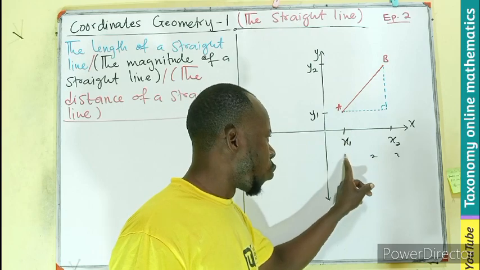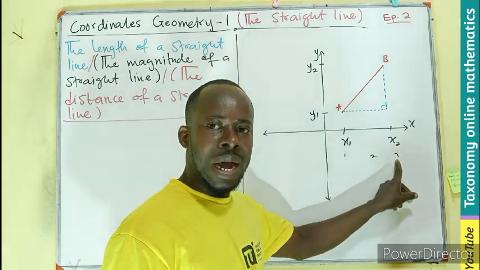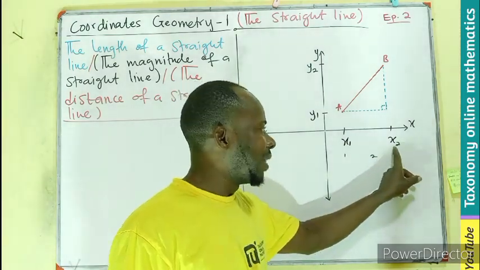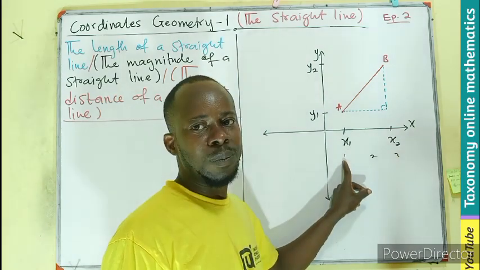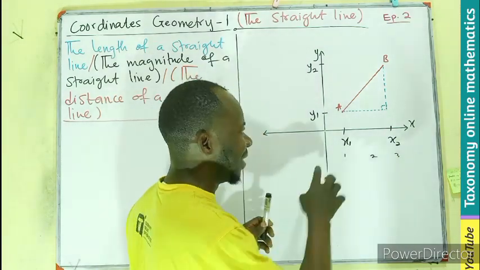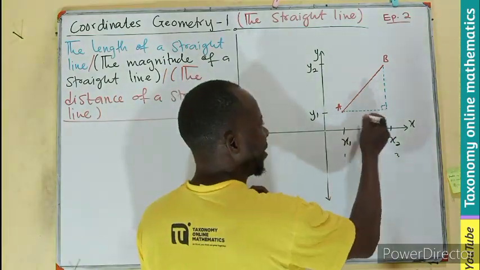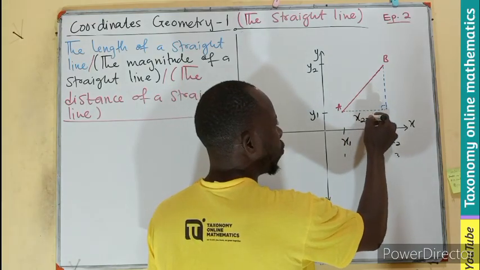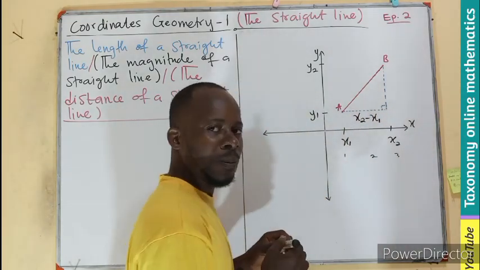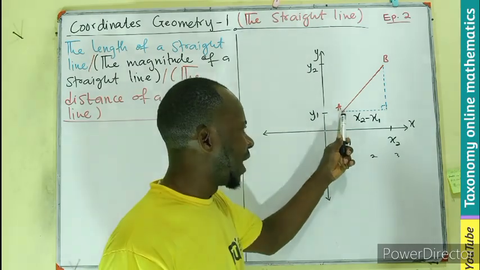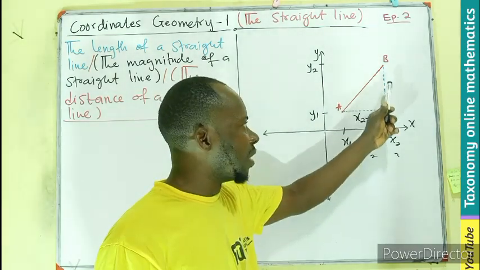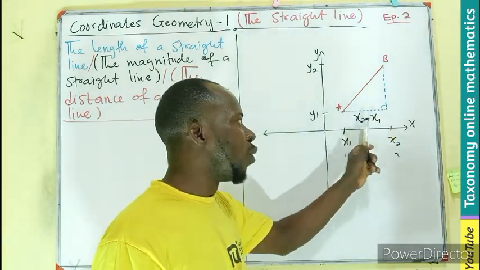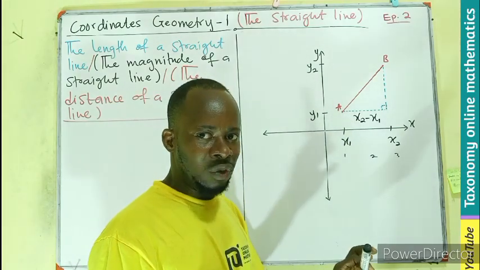So I am moving 1 unit, then 2. How do I get 2? I can say that 3 minus 1 will also give me 2. So the distance here could be determined as x2 minus x1. Moving from the point A to the displacement below the B will be x2 minus x1.